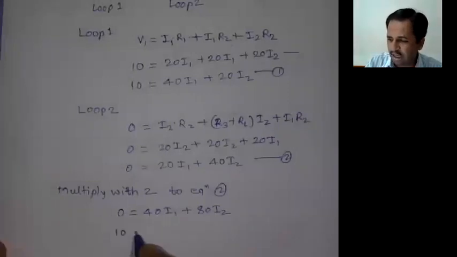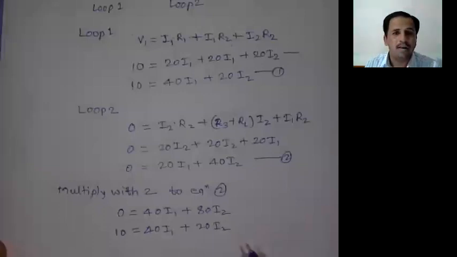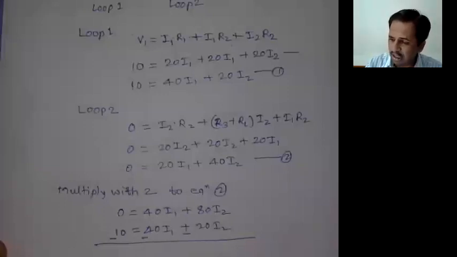So I write simply 10 plus 40 I1 plus 20 I2. Now we subtract these two terms, minus sign, minus sign. The term related to I1 is cancelled. What is remaining? Minus 10 equal to 80 minus 20, that is 60 I2.